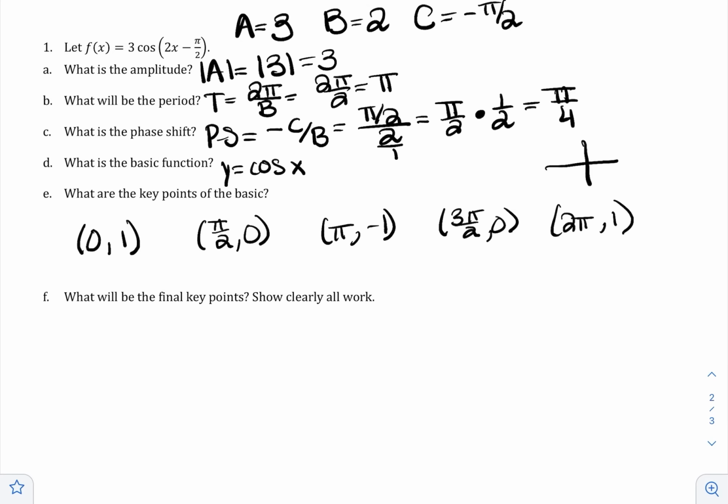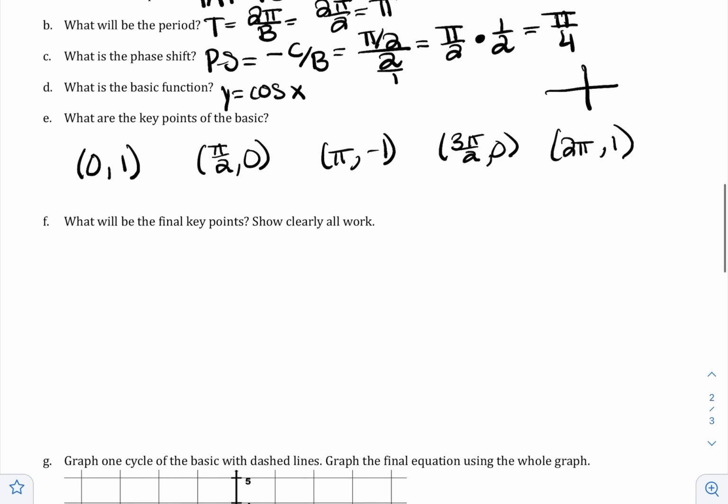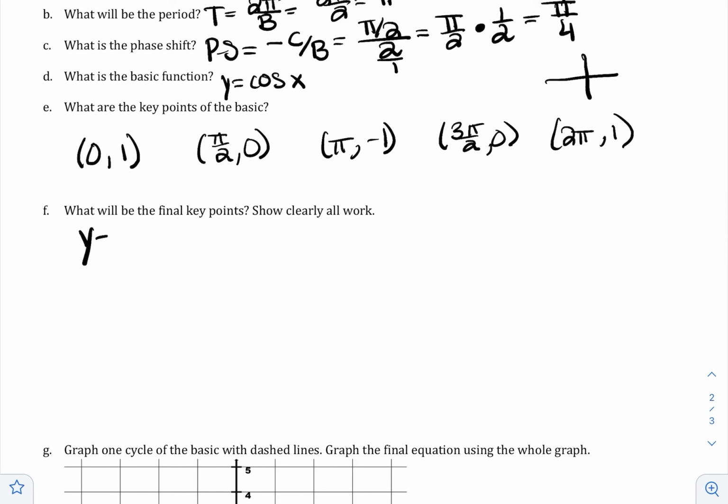Okay, so now we're going to start transforming. The first thing you're going to do is take A. What you need to be careful of is that you take A, you don't take the amplitude. So if A is negative, you have to take the negative, because remember, that's a reflection, and the reflection has to come with you. So my final key points are going to be, first, I'm going to apply the 3 to the y.